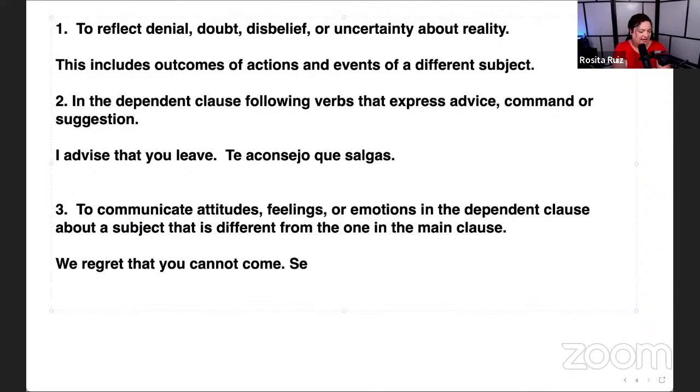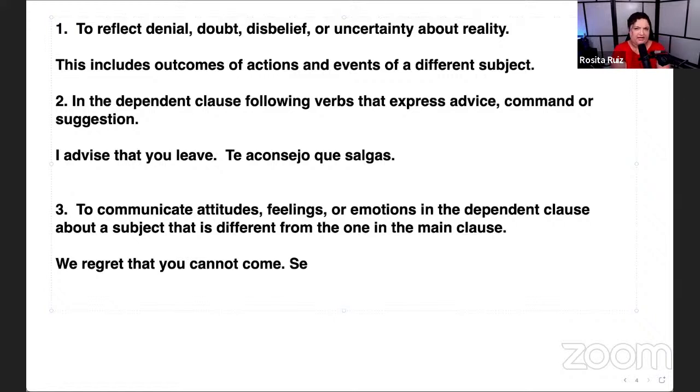See, like that I would actually use, well, in most cases that's going to be in the indicative mood when using "qué lástima," because you're not reflecting emotion.